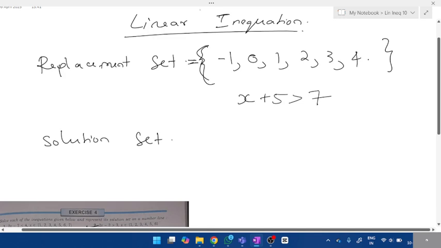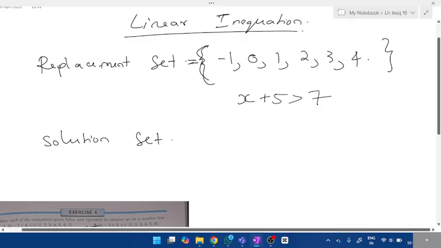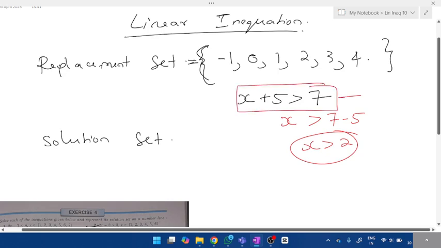Solve this equation, Adya. What do you get? x is greater than 7 minus 5, sir. x is greater than 2. Okay, so this is known as an inequation, right?